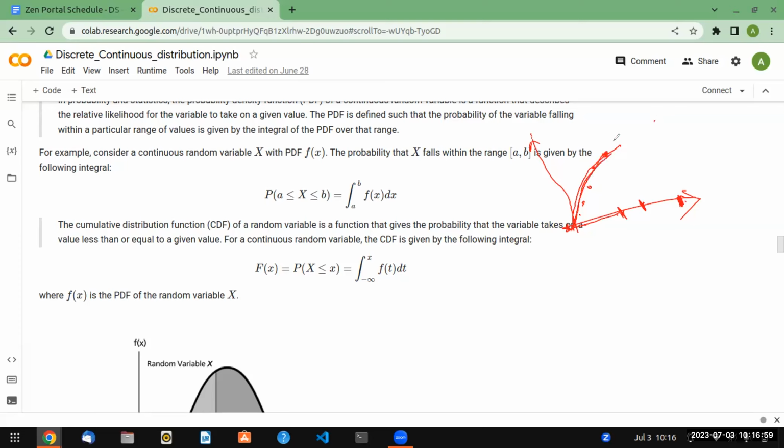If this point has 0.3 probability, and this point has 0.2, how does the cumulation work?